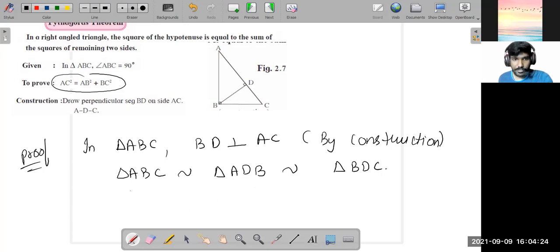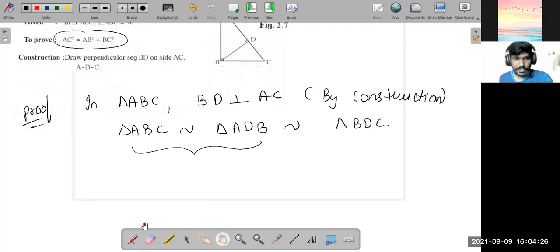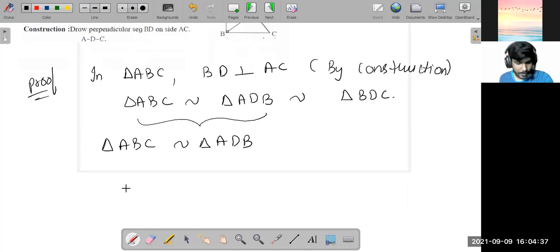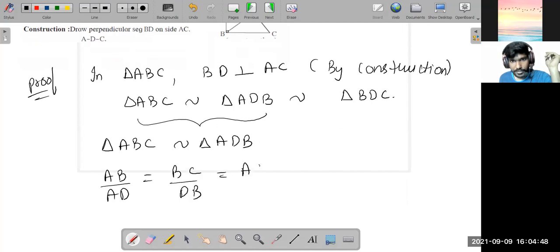Okay. So you will take the first two: triangle ABC similar to triangle ADB. Now since they are similar, their sides will be in proportion. So you write their corresponding sides: AB upon AD equal to BC upon DB equal to AC upon AD.